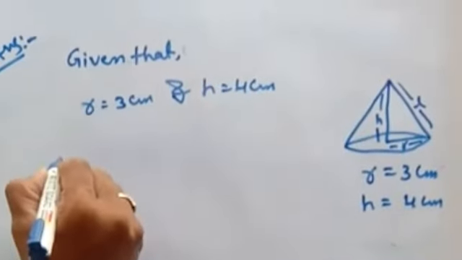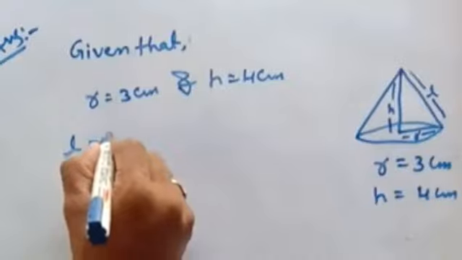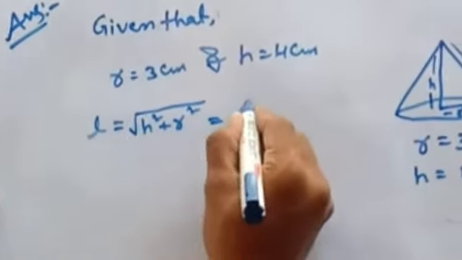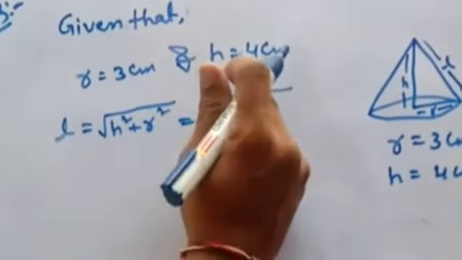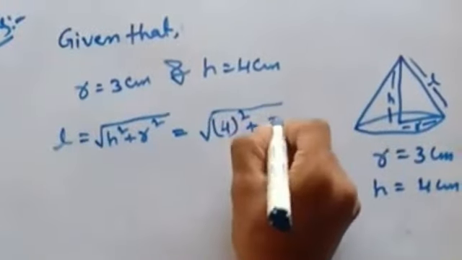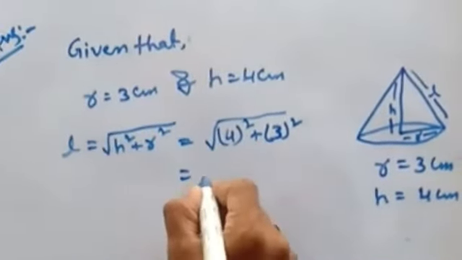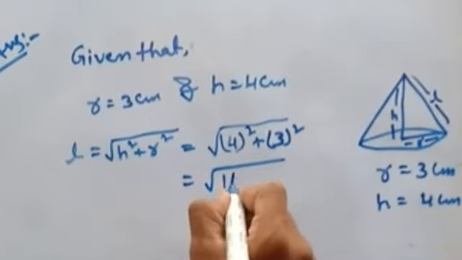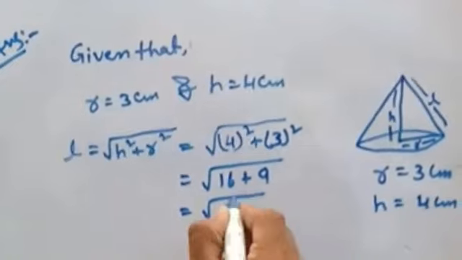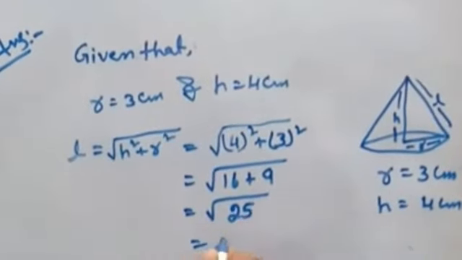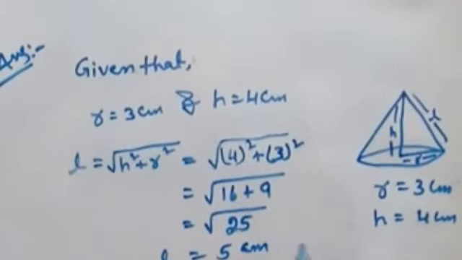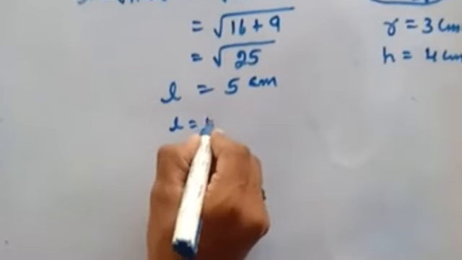We know the formula: slant height l is equal to square root of h square plus r square, that is square root of 4 square plus 3 square, that is 16 plus 9, root of 25, which is 5. Slant height l is equal to 5 centimeters.